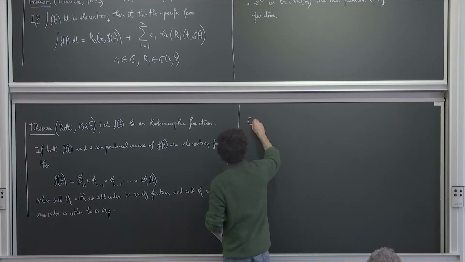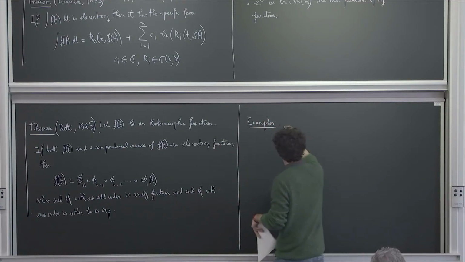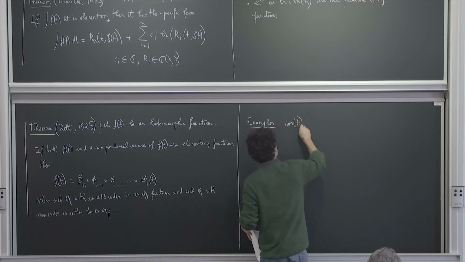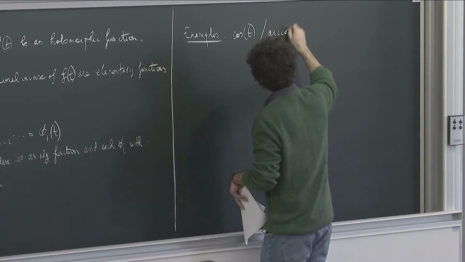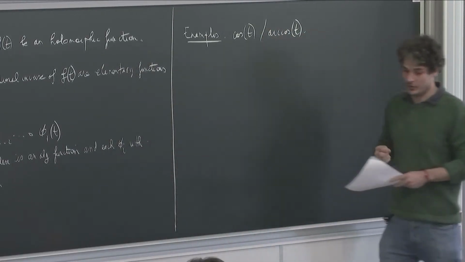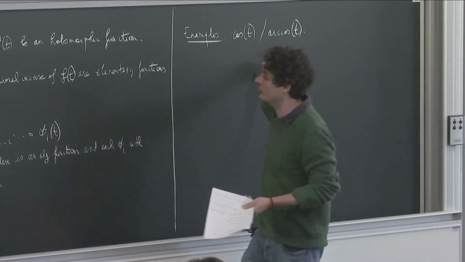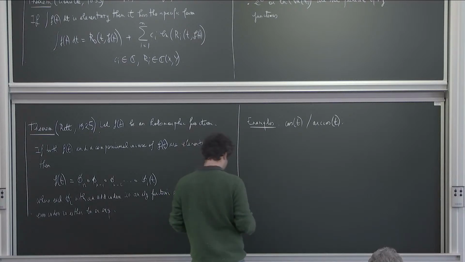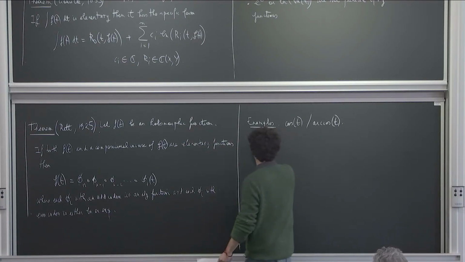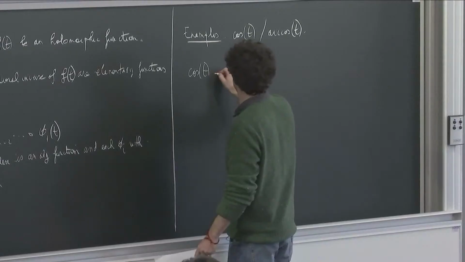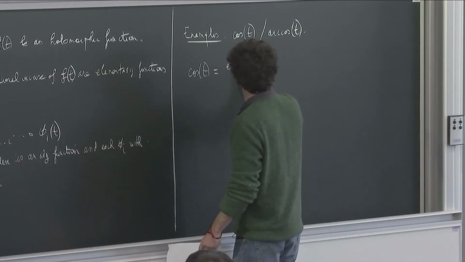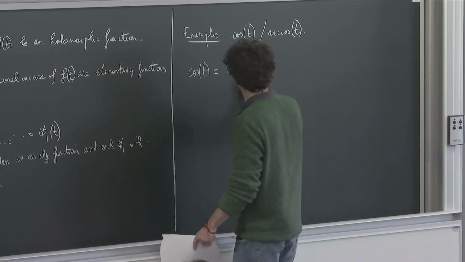There are always some very simple examples, and you know many functions like that. For example, cos t and the inverse of cos t, arc cosine of t, are two functions which are inverse of each other, and both are elementary. If you write it explicitly, cos t is equal to (e^{it} plus e^{-it}) divided by 2.